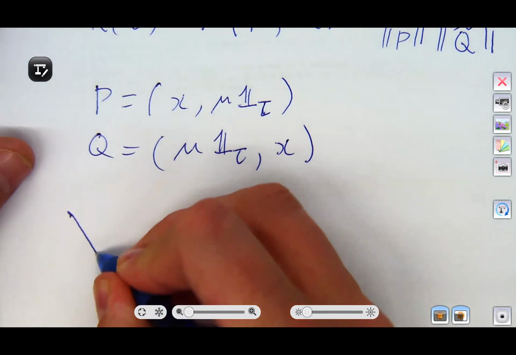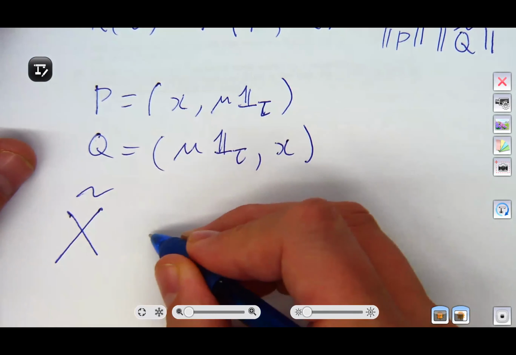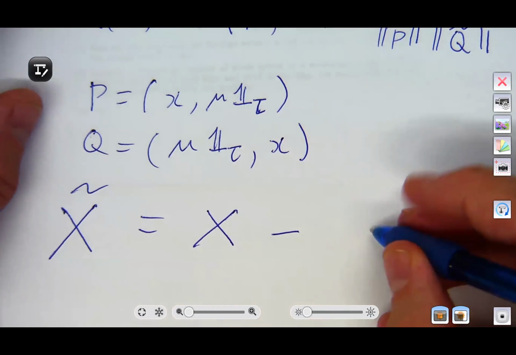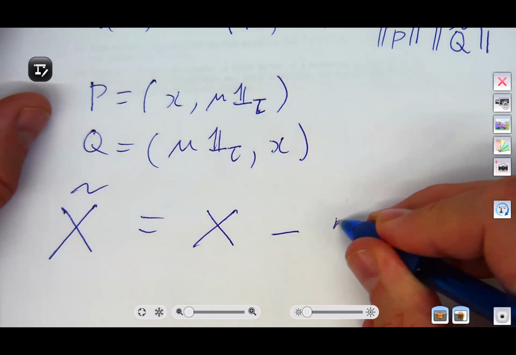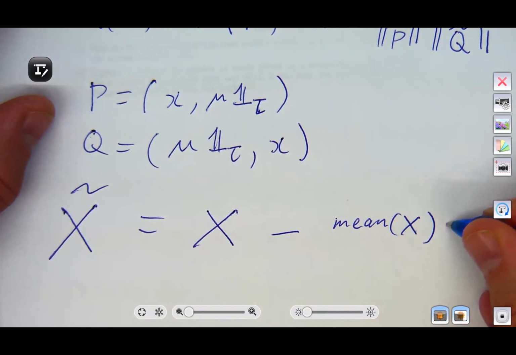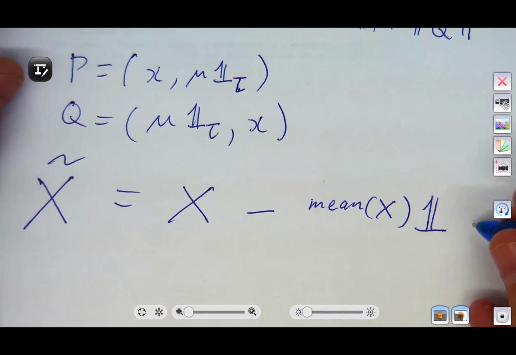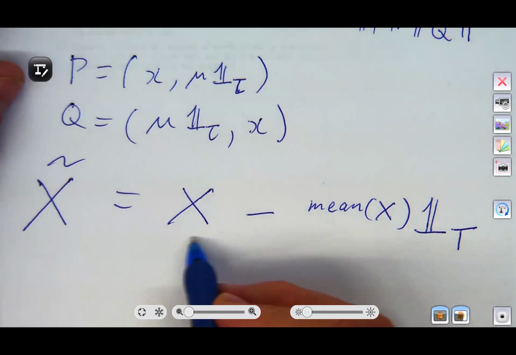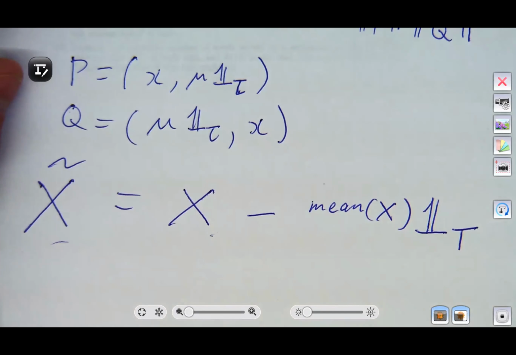So in other words, X tilde is equal to X minus, I'll just write mean of X times 1. And here, I'll put an uppercase T, because this should have T entries here when I define that, right?